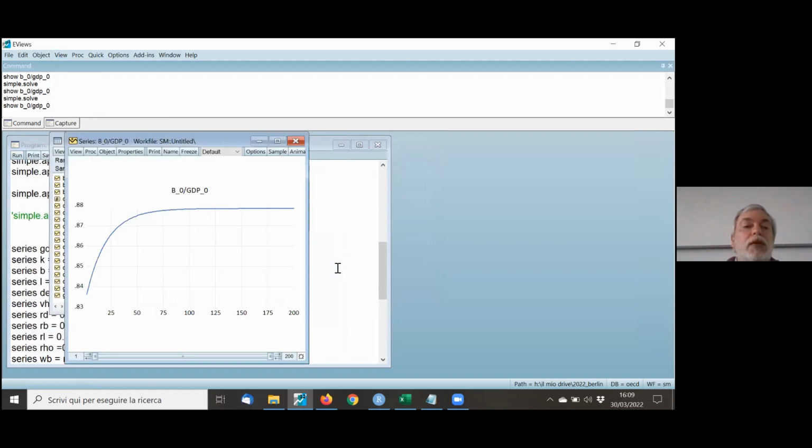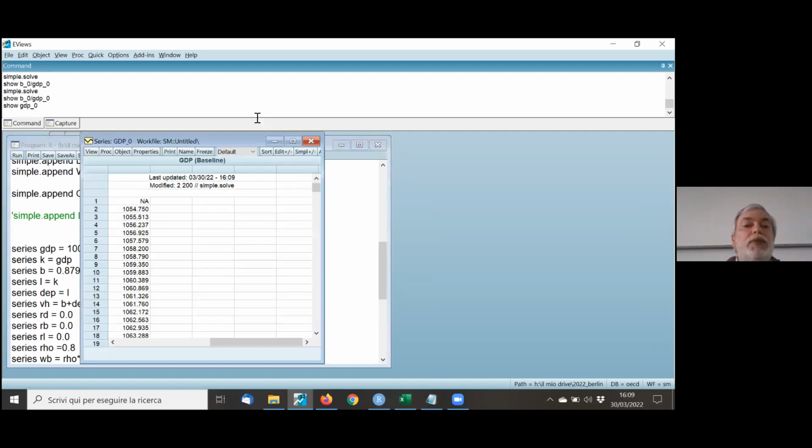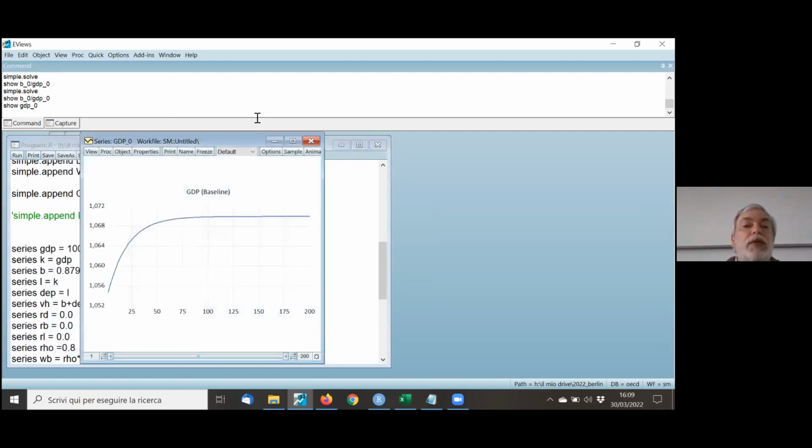There is more change, yes, in a small range. 879 is still the value at which this is converging. Let's look at GDP. So now GDP has achieved a stable value. It's at 1,070.